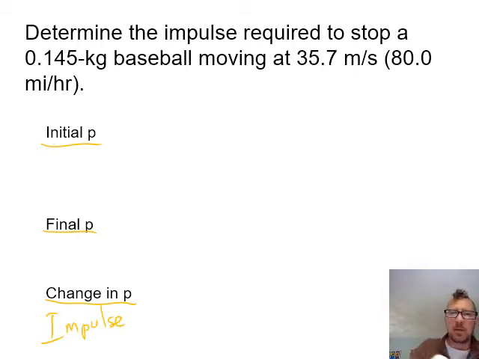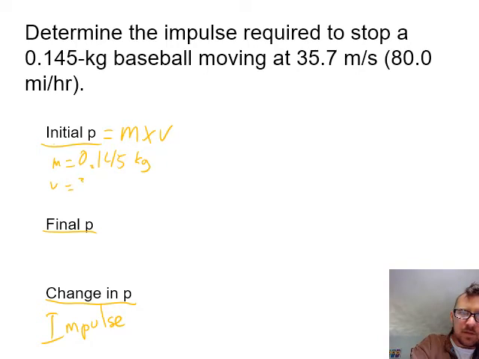So the initial momentum is mass times velocity, and we can put in a mass of 0.145 kilograms. We can put in a velocity of 35.7, and then we simply follow through on the math.